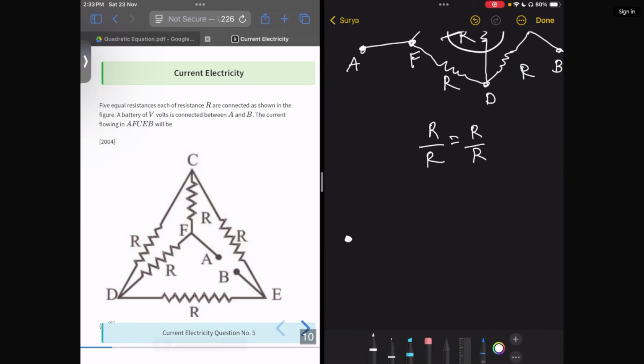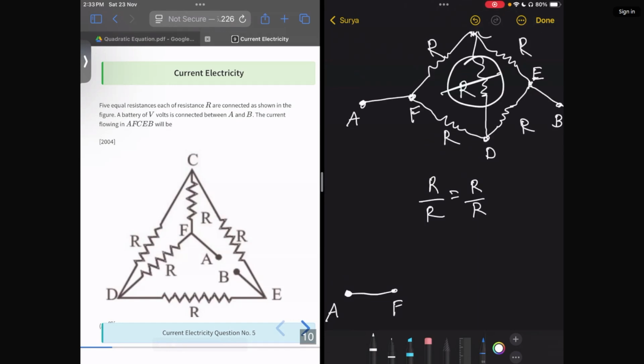AF has R, again R, point C, E connecting to B. Similarly F, D, again there is R, and V.